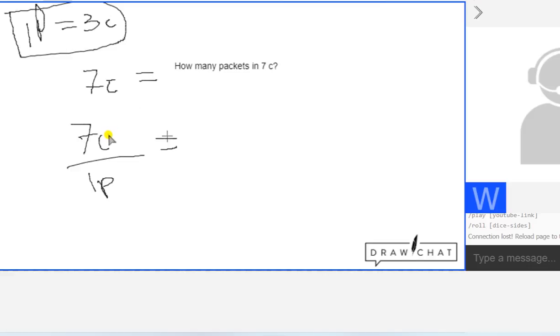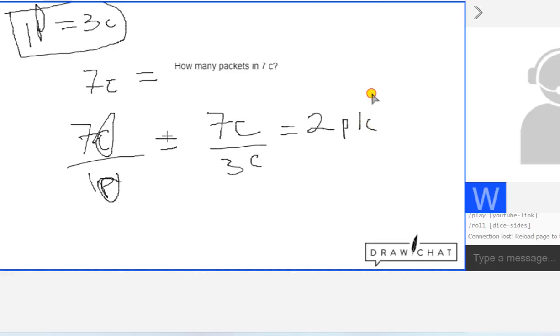But you cannot divide it by one packet because chocolates and packets are different units. You cannot divide in different units, right? So you divide in the same units: 7 chocolates divided by 3 chocolates. So you get the answer as 2 packets, 1 chocolate.